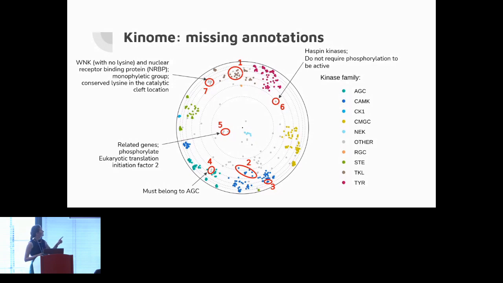So there are several pretty distinct types of kinases, like the Hespin kinases, or those kinases located in group 5, which, if you take a closer look, will correspond to the related genes, and so most probably make part of the same family. And also group number 7 contains 2 different types of kinases, but which make part of the same monophyletic group.